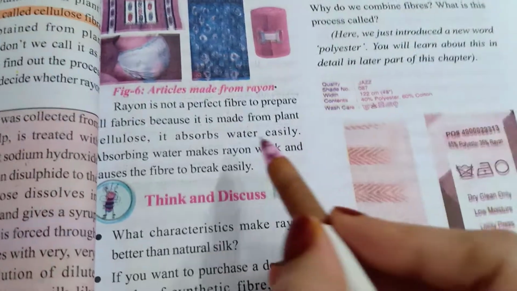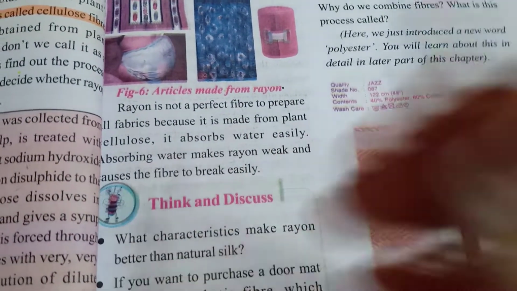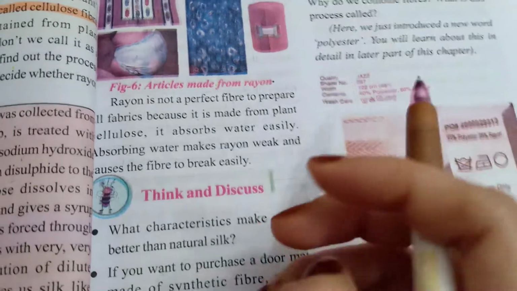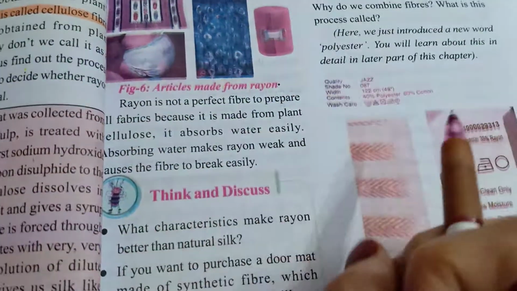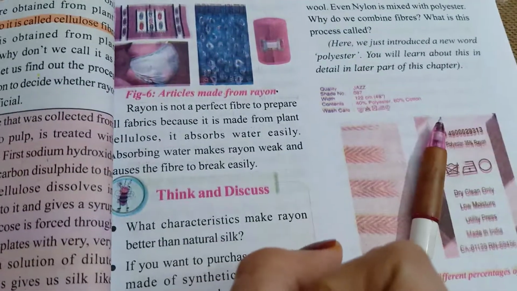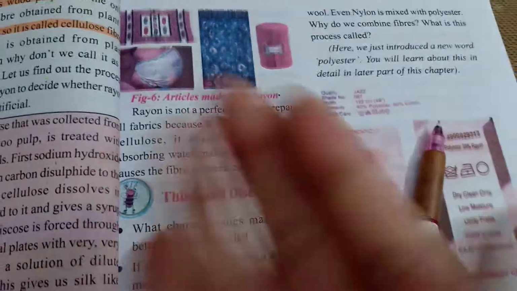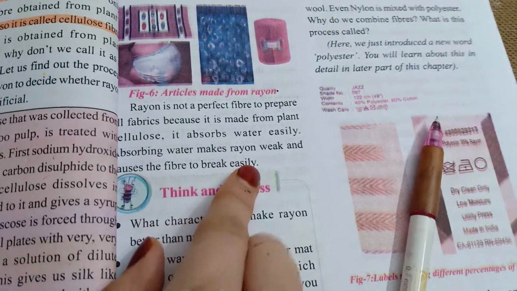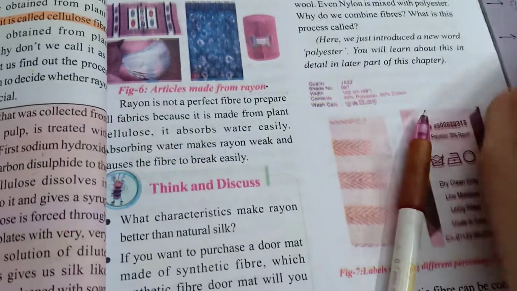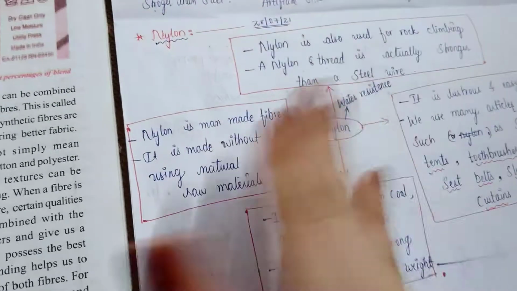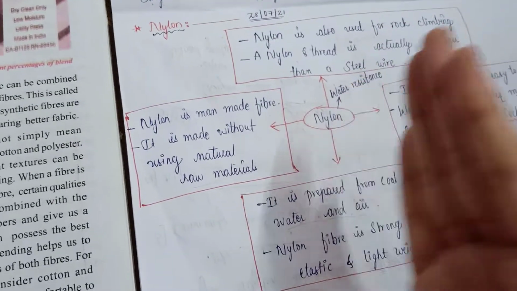Because it is obtained from plant cellulose, it absorbs water easily, which makes it weaker, and then it will break easily. But nylon is water resistant, as I said, it won't absorb water, so it is stronger than steel, right? So by this we have discussed the preparation of rayon and some uses of rayon.